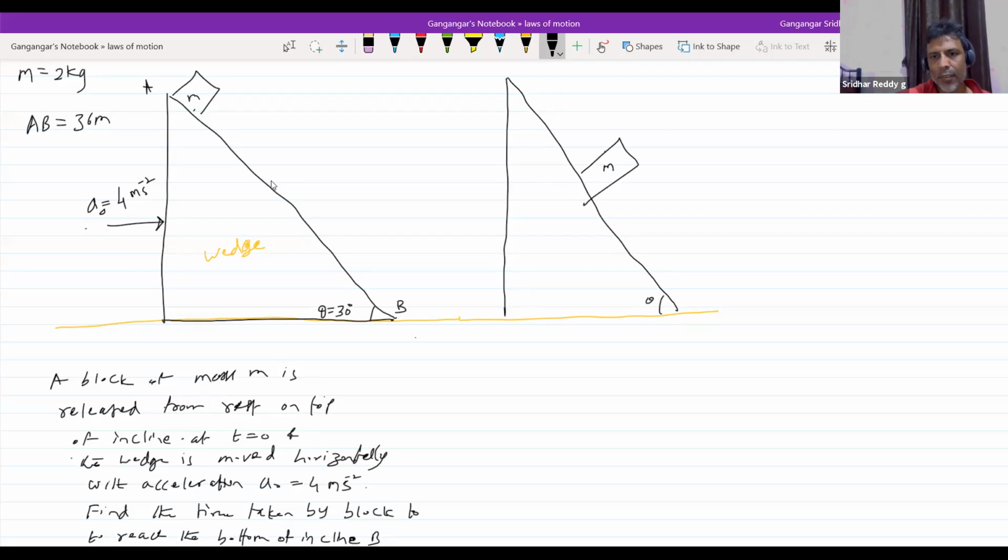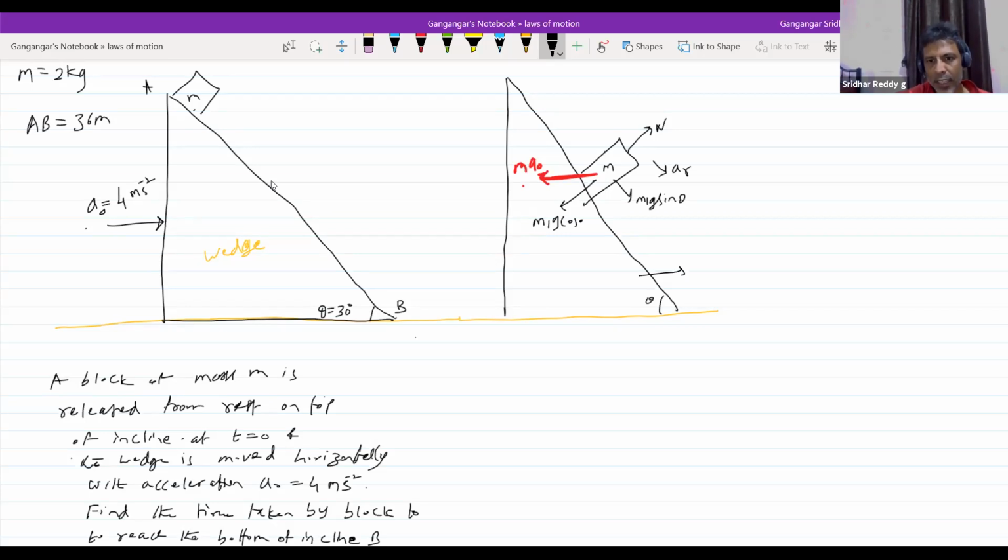So here m1g sine theta, m1g cos theta, pseudo force ma naught, normal contact. And if you check, the ma naught cos theta will be less than m1g sine theta. So therefore it will accelerate with respect to the incline.